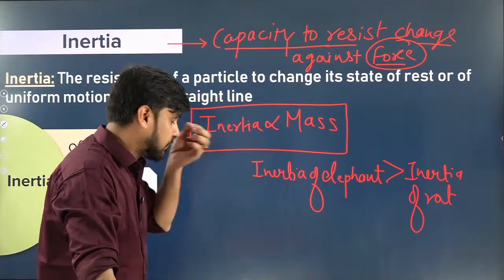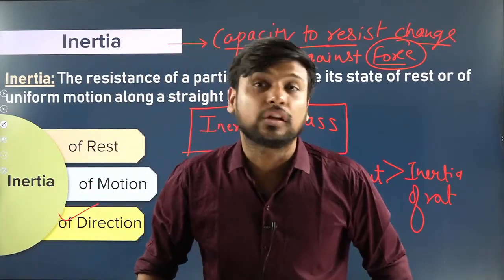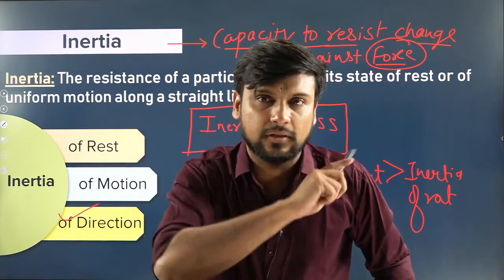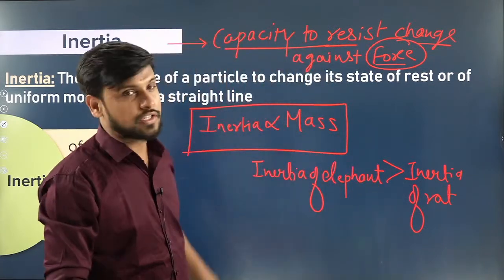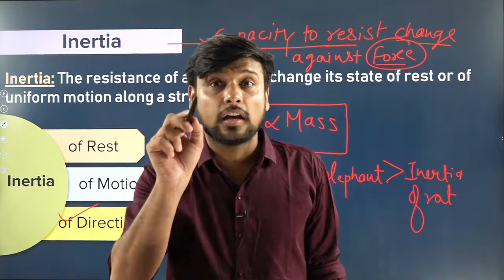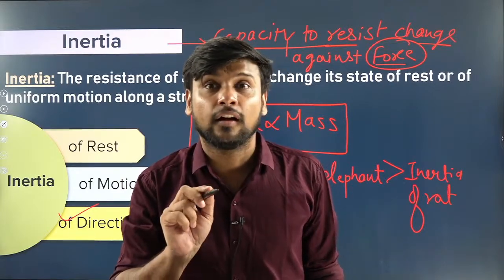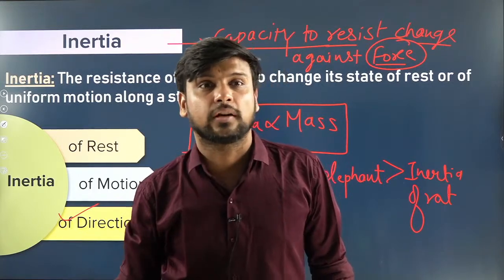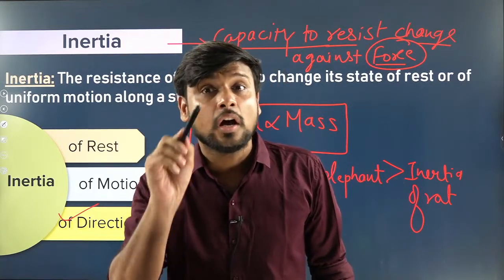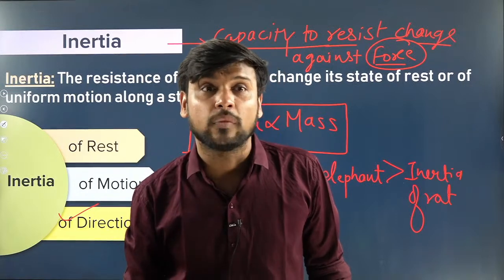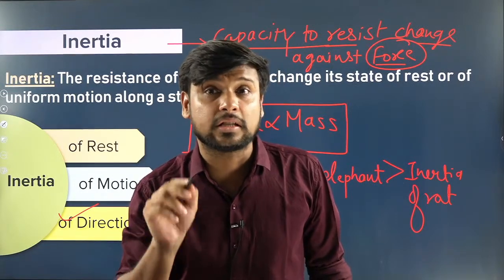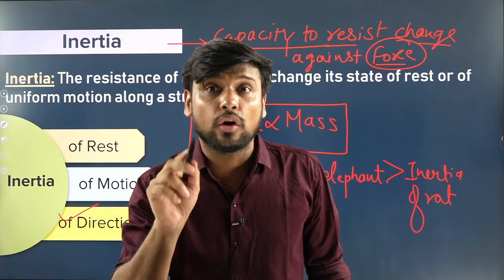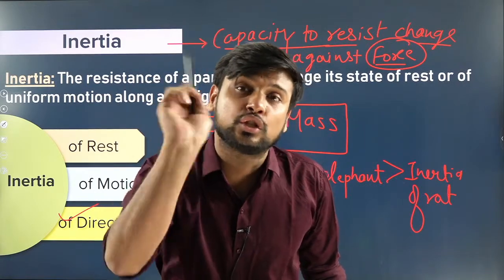So what I said is we have three inertia. Let's first discuss inertia. What is inertia? Inertia is the capacity to resist. Against whom? It's a capacity to resist against someone who is trying to change your state.